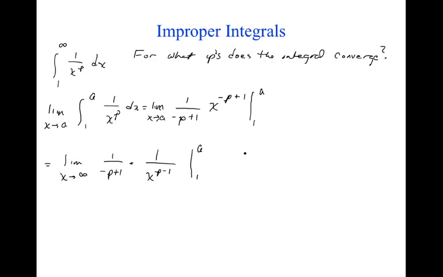So opposite exponent when you move it either to the denominator or up to the numerator. So negative p plus 1 will be p minus 1 in the denominator. This is a going to infinity, right? Are you thinking that? Not x going to a going to infinity.